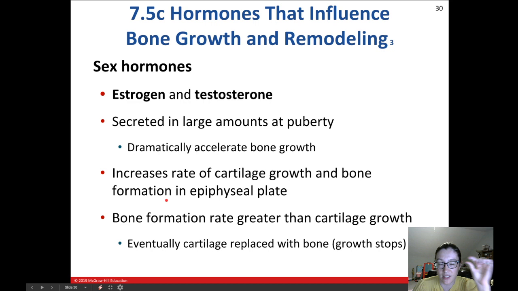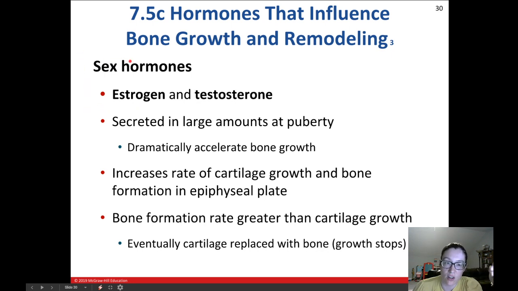But here's the thing, as I said before, eventually the bone formation is going to overtake the cartilage growth. So both of them will increase, but the bone formation increases more. And so eventually we have these big growth spurts, but as we have more and more bone formation, and the bone formation is happening a little bit faster than cartilage formation, we're going to be narrowing those growth plates until the growth plates eventually close. And so the sex hormones are going to do two things.